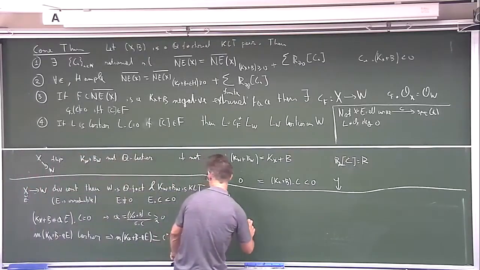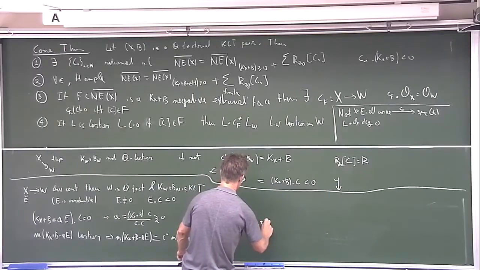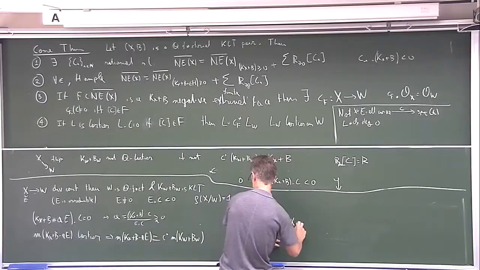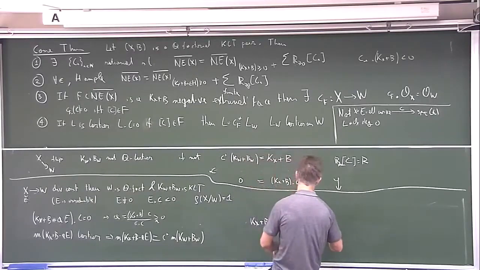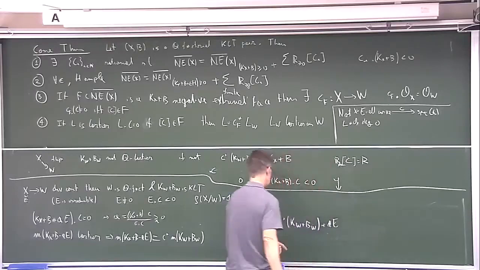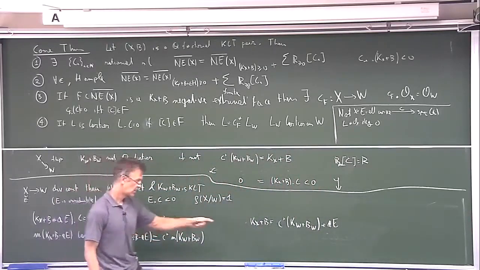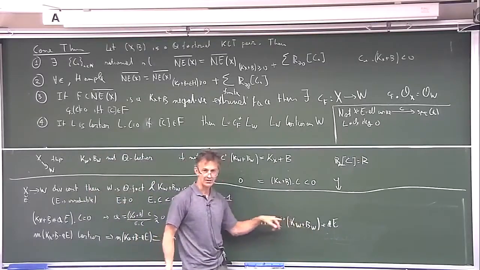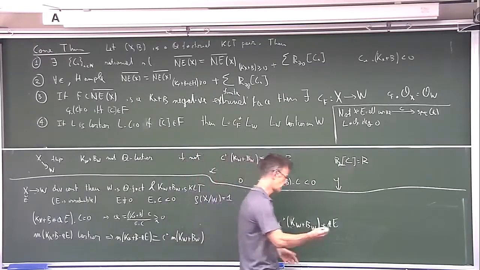So in fact, I've shown that, let me write it this way, kx + b is equal to the pullback of kw + bw plus aE. So the discrepancies for (W, BW) are actually greater or equal to the discrepancies for B. So let me write that formally.